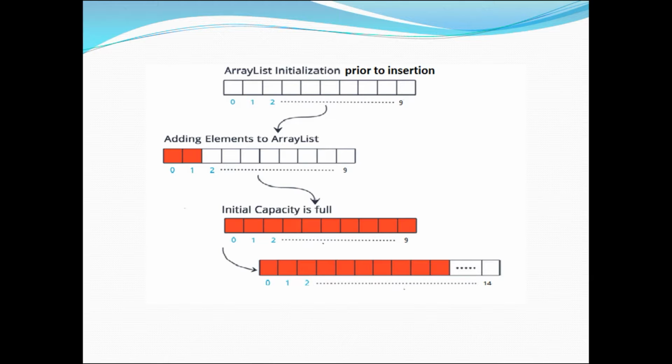So once the capacity is full, if the array stores 10 elements and you are trying to insert the 11th element, it will create another array of capacity 15, and it will move the elements of the previous array into the new array and start inserting the next element in the 11th position onwards.